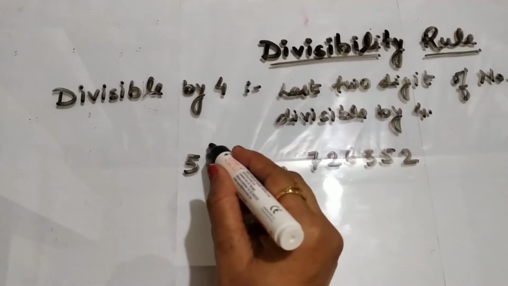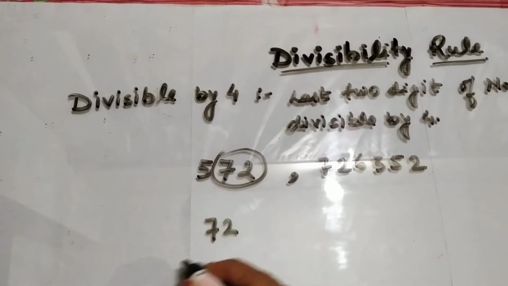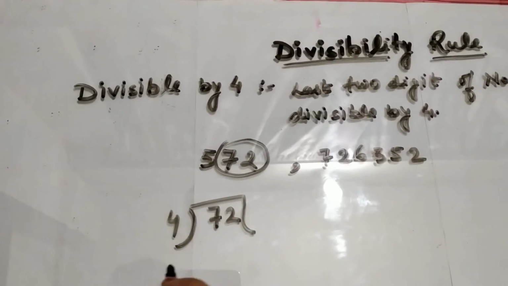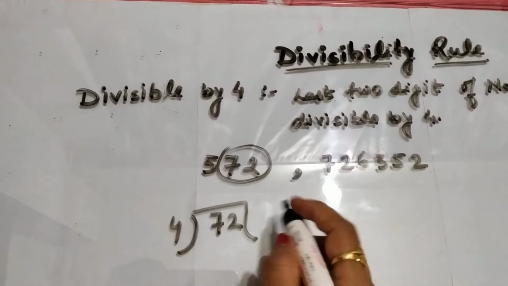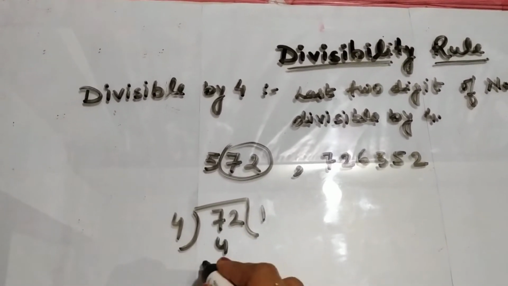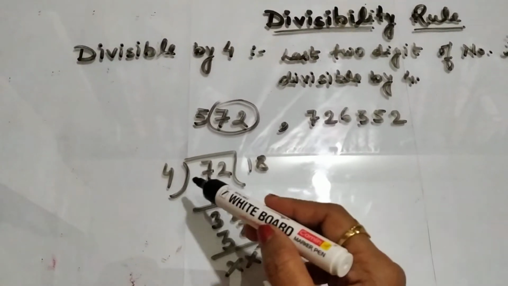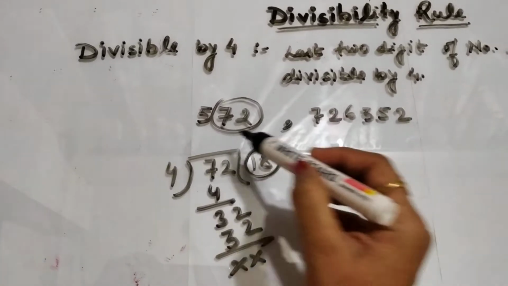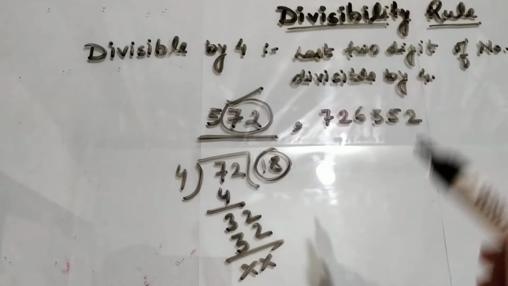Last two digits means 72. Is 72 divisible by 4 or not? Let's check it. Here we see that 72 is fully divisible by 4. No remainder is here. That means 572 is divisible by 4.